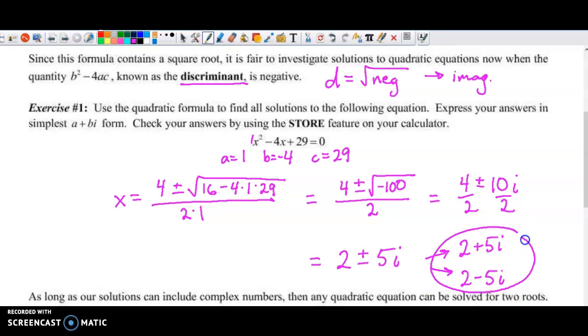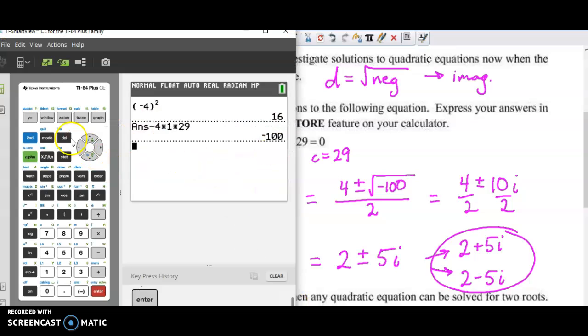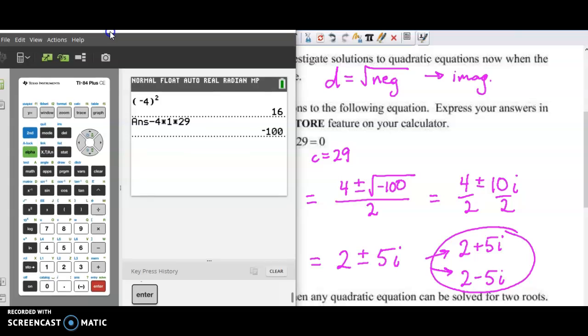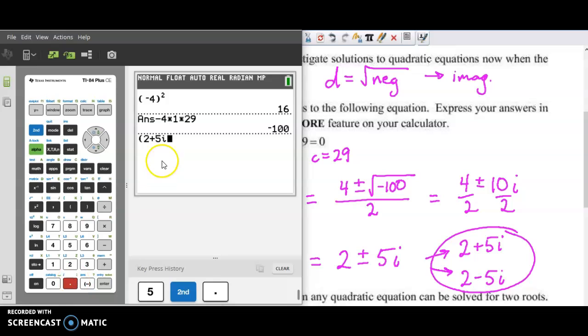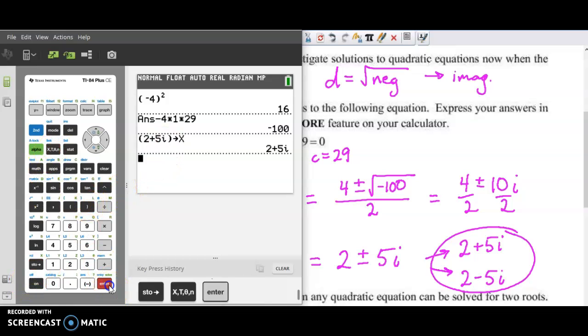And you can check your work with your calculator, although I don't think I've shown you any of these tricks yet. I don't know if you need parentheses because I've never actually played around with this. But if you hit second and the dot, it does the imaginary value for you. And you can store 2 plus 5i in for x.